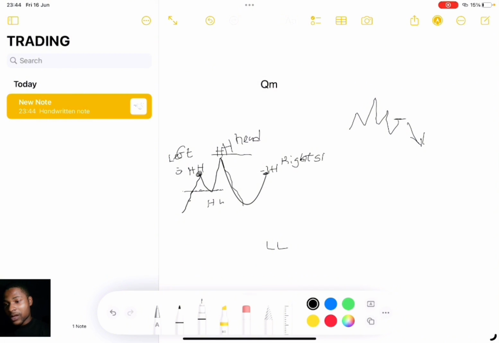Beautiful. So this is left shoulder, this is head, this is right shoulder of this QM pattern.